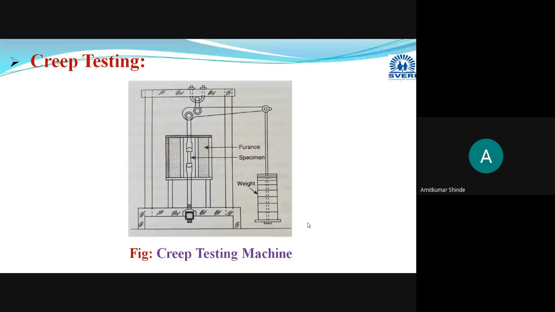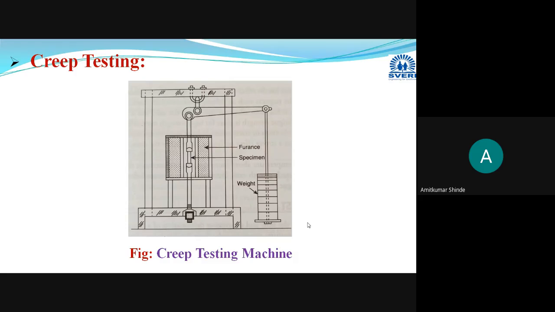Then the creep test. First we will start with why we are performing the creep test, or initially what is the meaning of creep. Okay, what is the actual meaning of creep? Creep is nothing but deformation. Now, this deformation is at a very slow rate. It is very slow and progressive in nature.